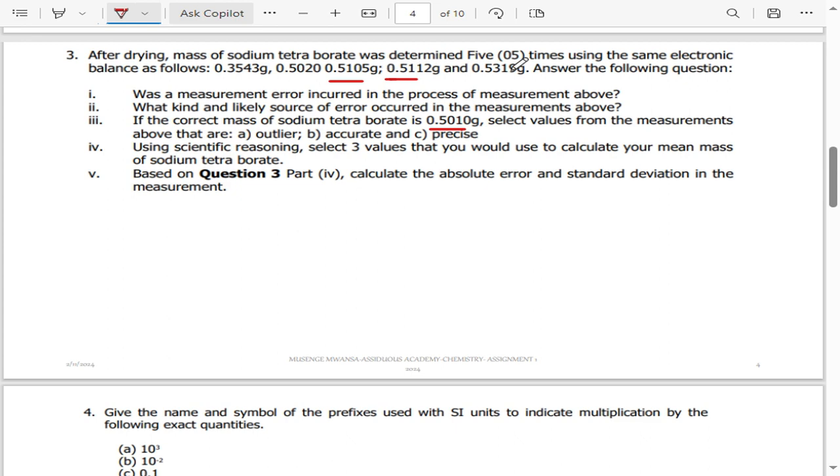At least not 0.53, because they should be close, and 0.53 has gone too far. At least 0.502, this one. So we can use these to calculate the mean.